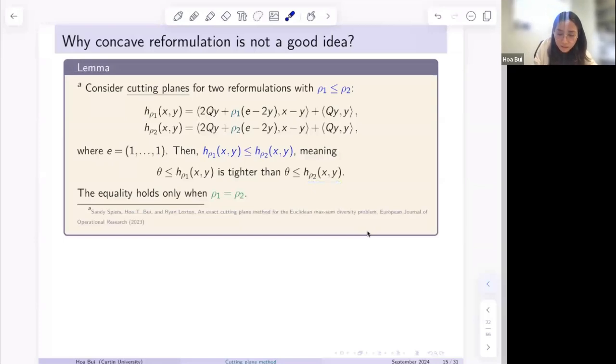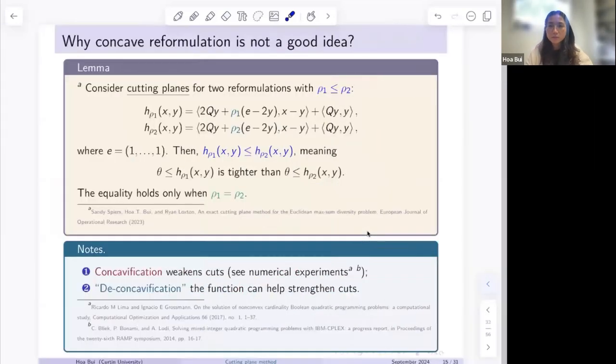And this inequality is strict because the equality holds only when rho 1 and rho 2 equal each other. So this one is strictly tighter than this one. So what does this result tell us?